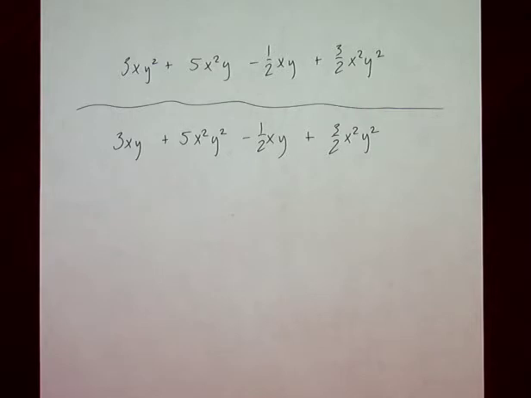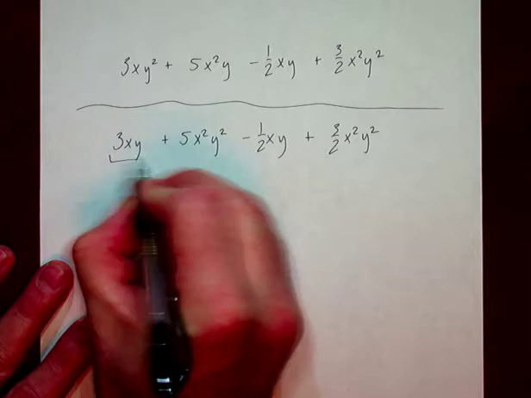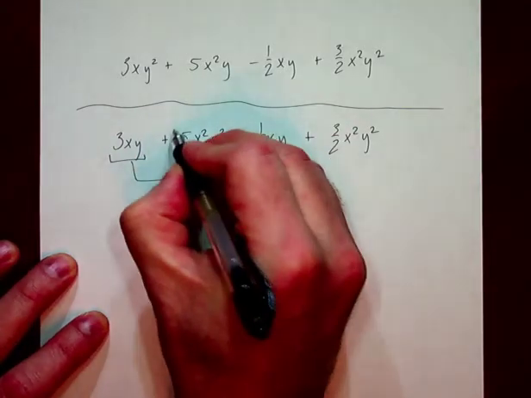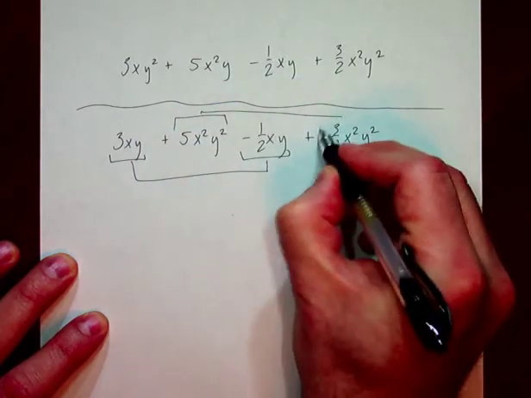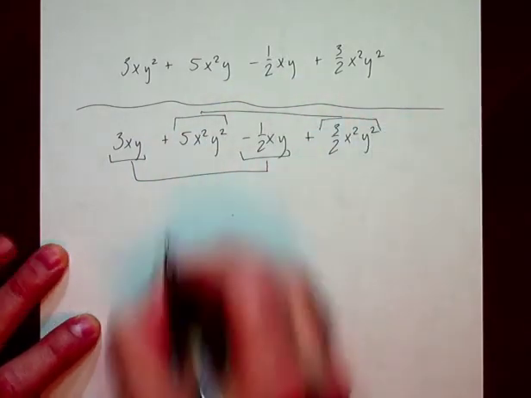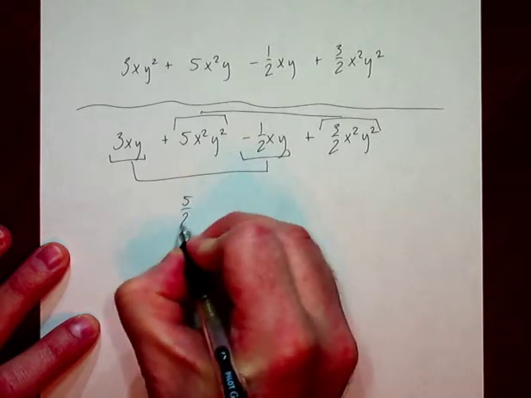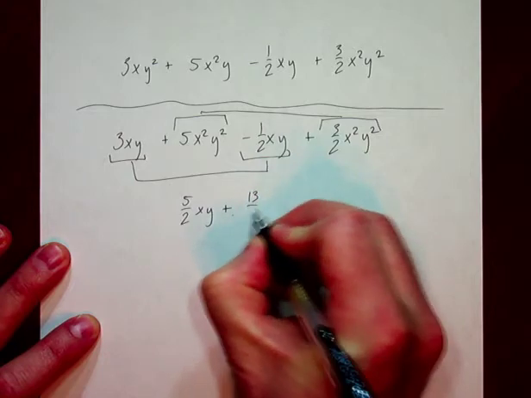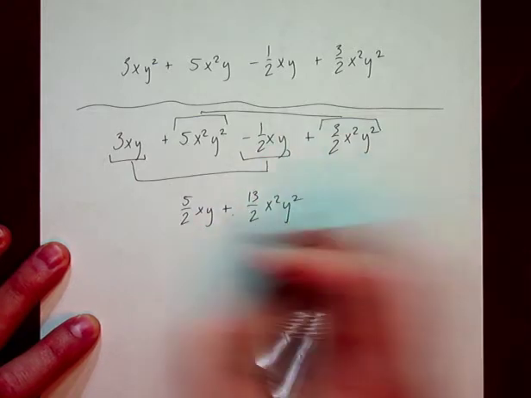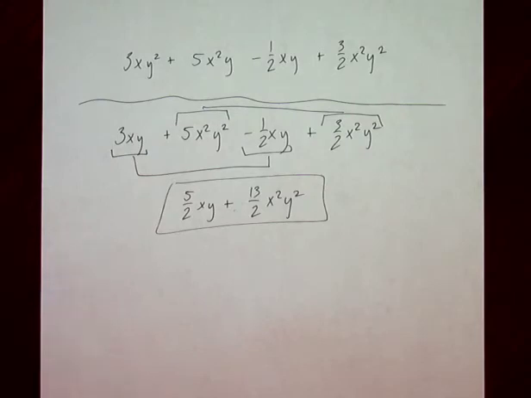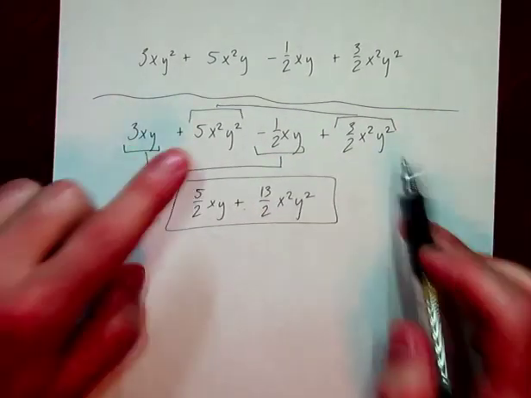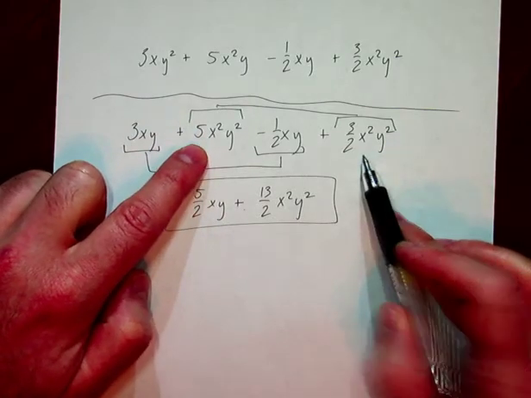Their variable configurations are not identical. But these two are like terms, right? They have identical variable configurations. These two are as well. And therefore what I'm going to have is 5/2 xy plus 13/2 x squared y squared when I'm done, because there are two terms with xy variable configuration and two terms with x squared y squared variable configuration, which do then combine.